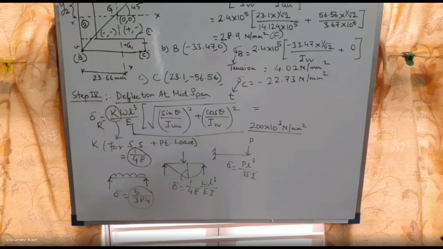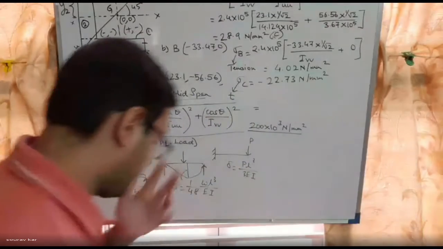In the question, E equal to 200 giganewton. Yes, 200 giganewton. So the deflection is coming around 1.122 mm.